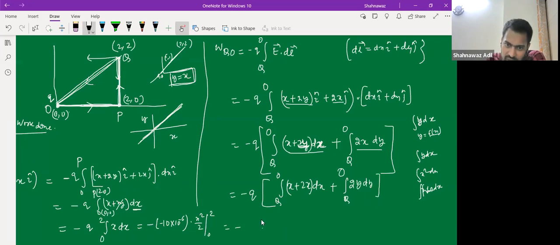So this integral is from 2 to 0 of x plus 2x, which is 3x dx, plus the integral from 2 to 0 of 2y dy. Okay, so is this clear, guys?